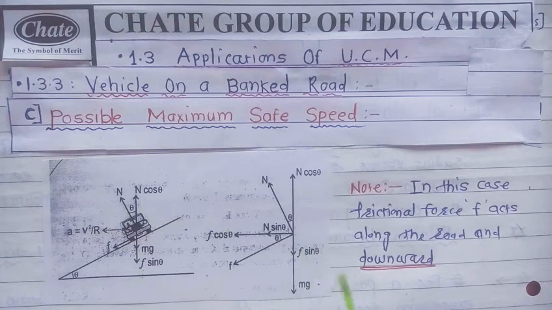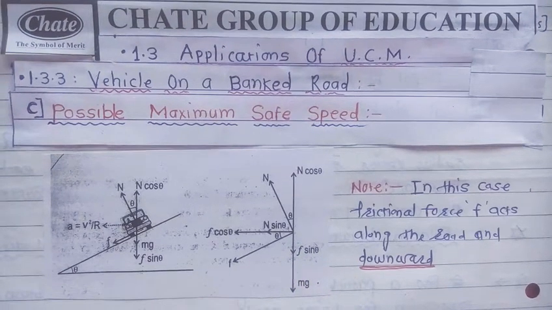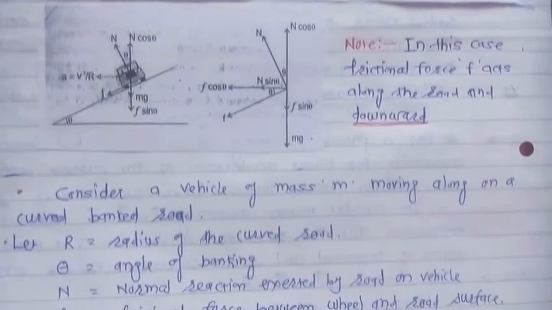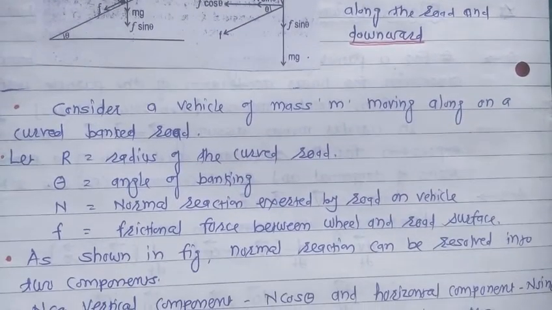Now let us consider a vehicle of mass m moving along a curved bank road. Let r be the radius of the curved road, theta the angle of banking, N the normal reaction exerted by the road on the vehicle, F the frictional force between wheel and road surface.